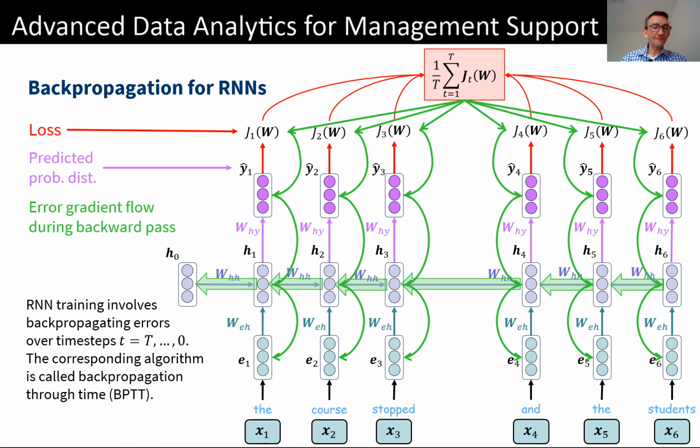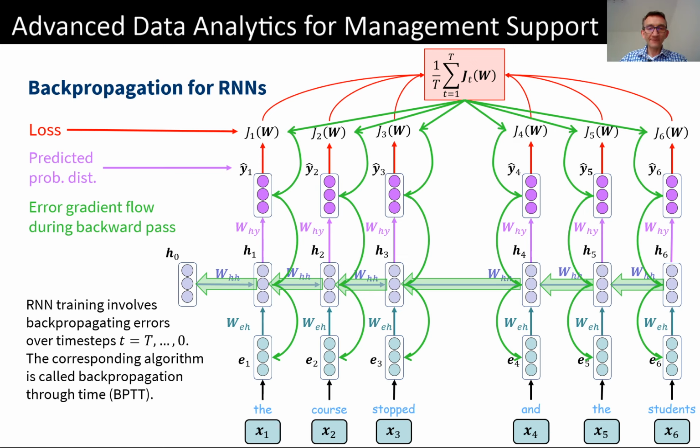And the hidden state h6 is a function of the previous hidden state h5. It depends on h5, and h5 in turn depends on h4 and so forth. This dependence we need to take into account. So the training of an RNN is basically done by backpropagation, but here it involves backpropagating errors over multiple time steps t.